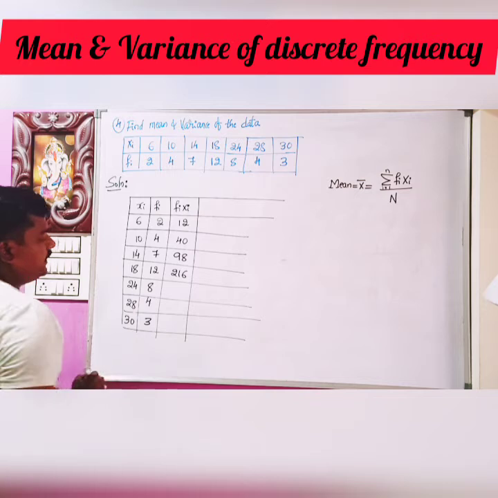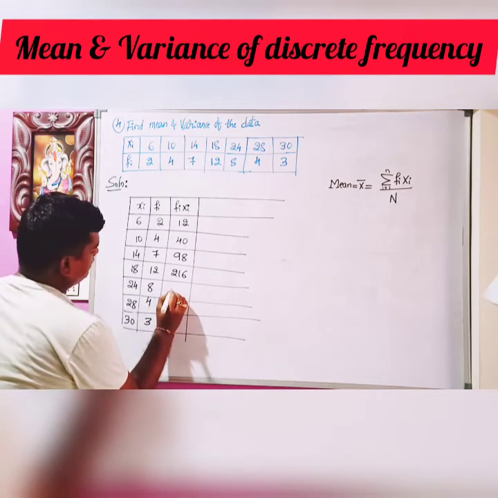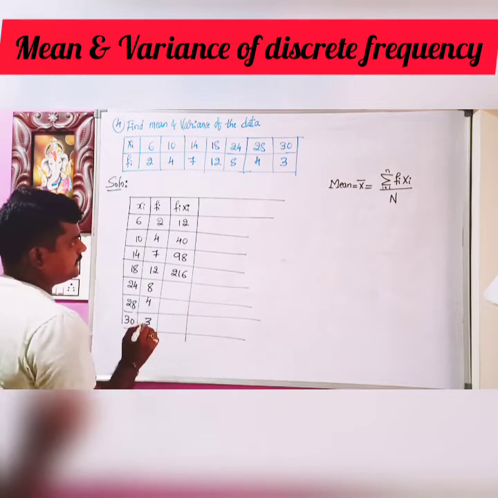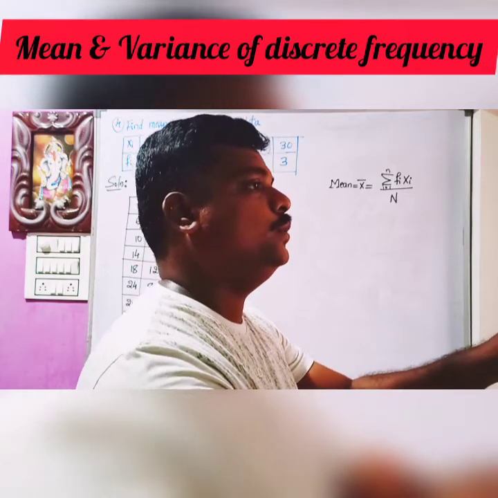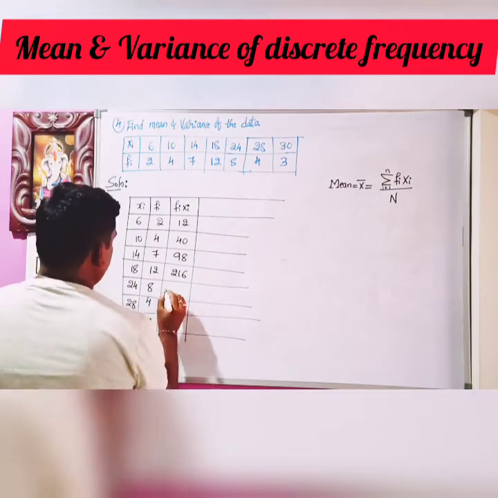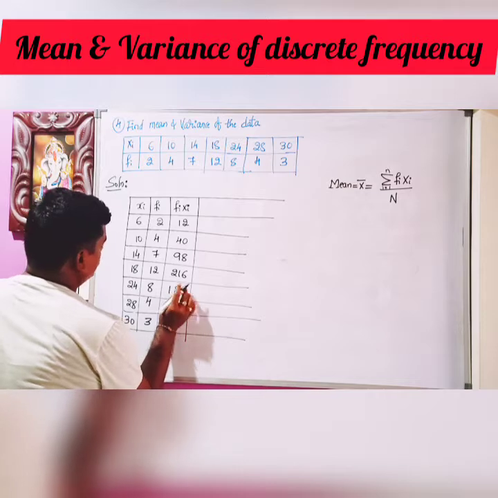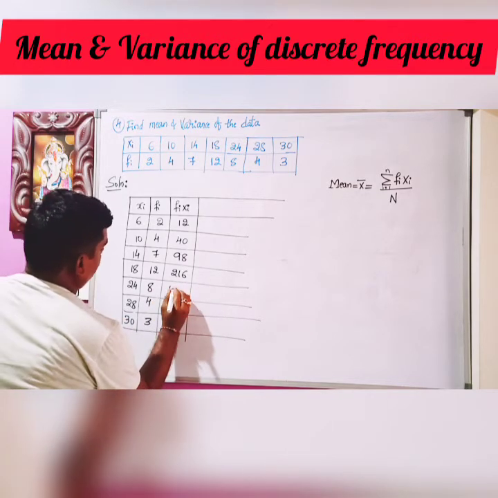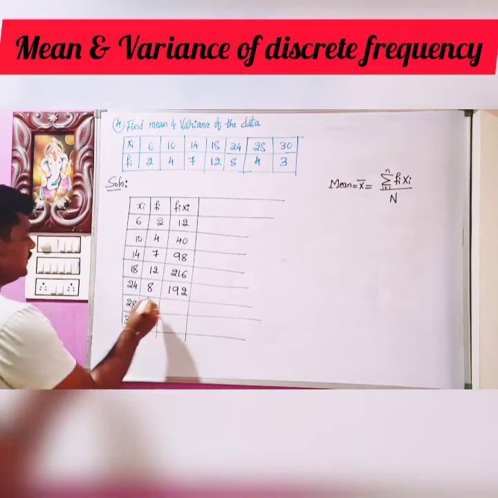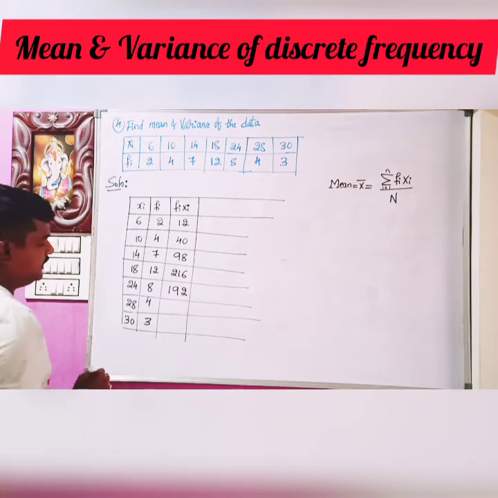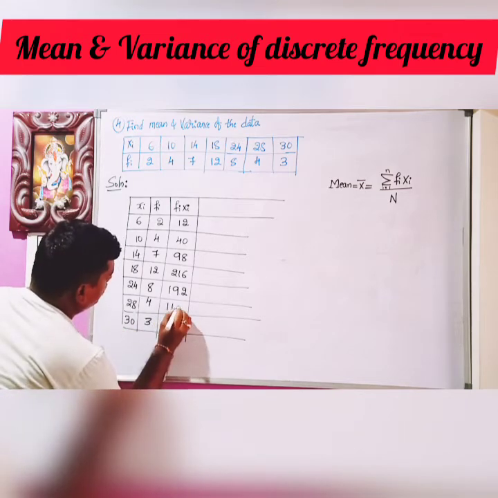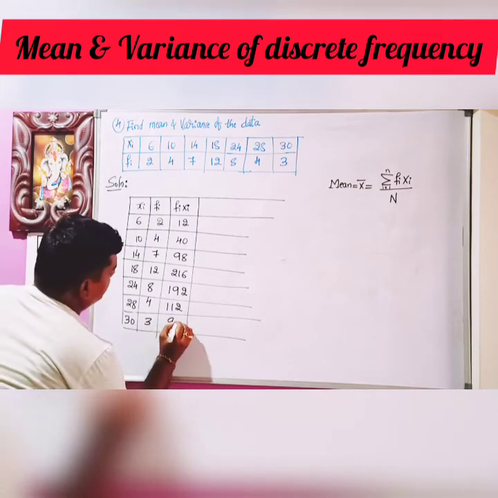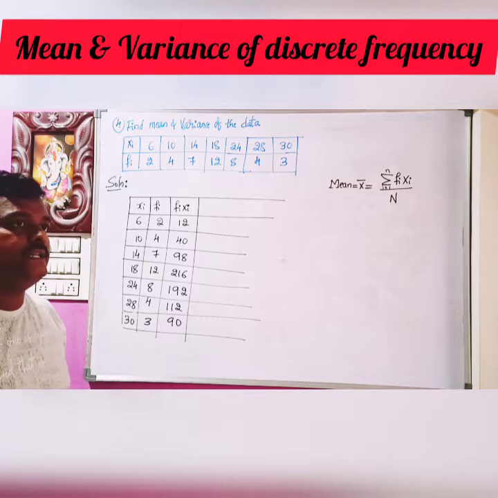Next, 24 8s are 192. Next, 28 4s are 112, and this one is 90.